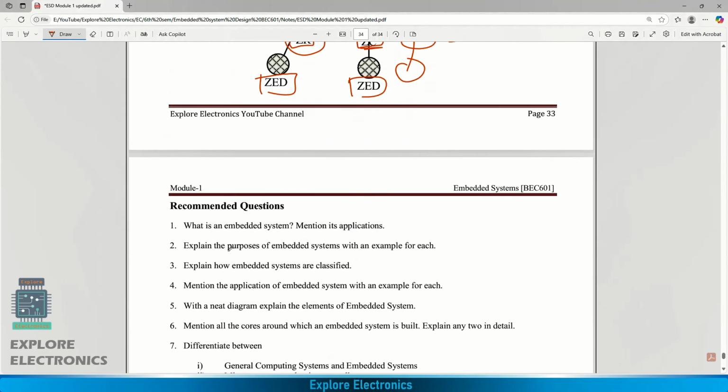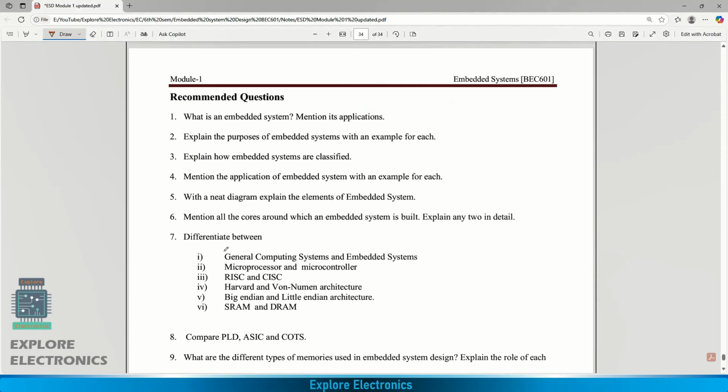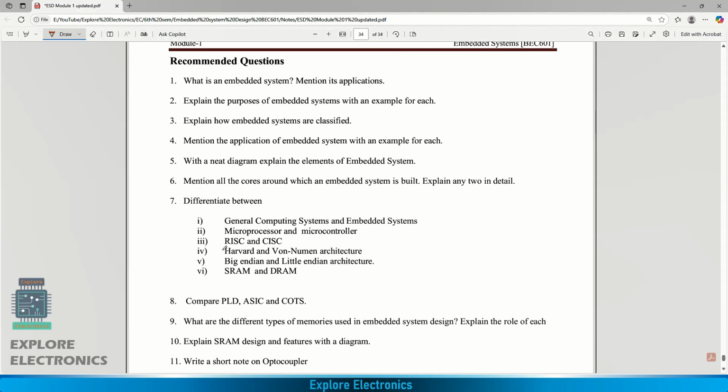That is all about the different topics in module 1, starting from the embedded system definition to the external and onboard communication interfaces. These are some recommended or important questions in this module. What is an embedded system, and mention applications, can be asked. Explain the purpose of an embedded system with an example can be asked.